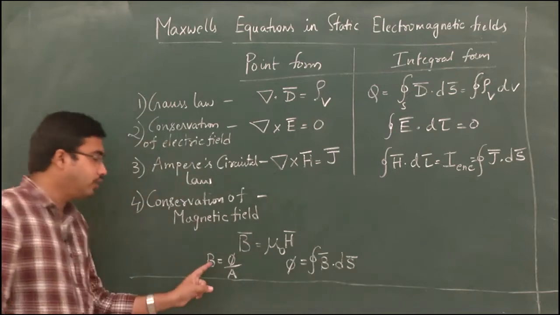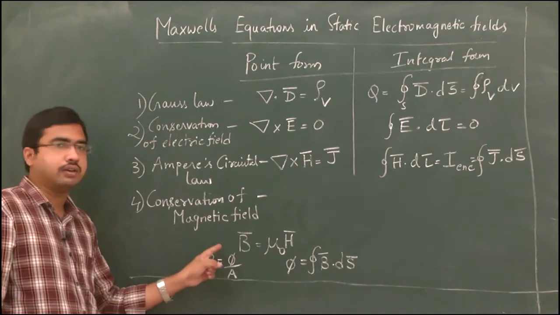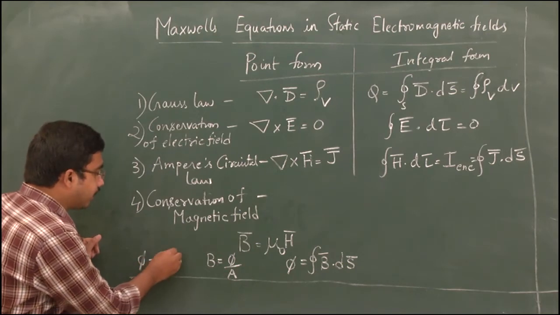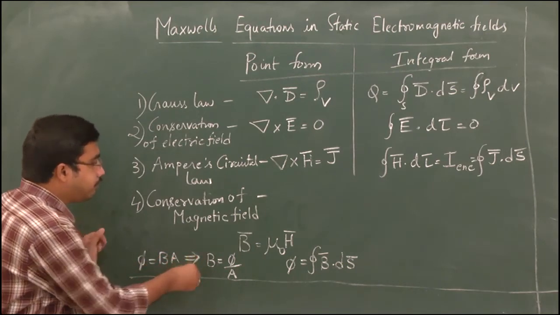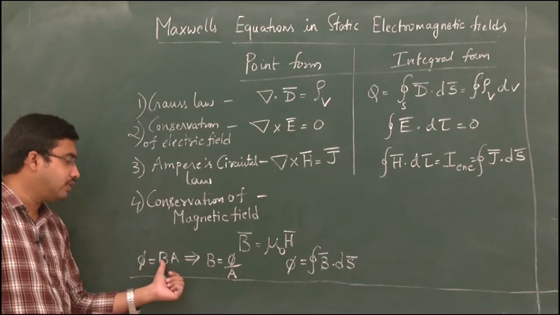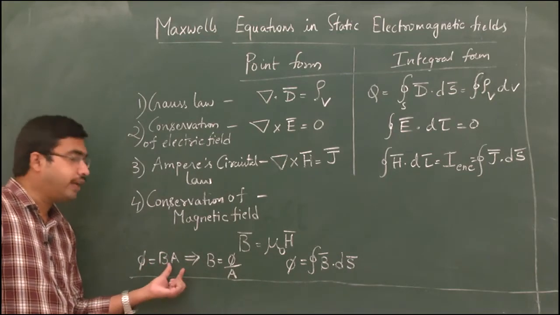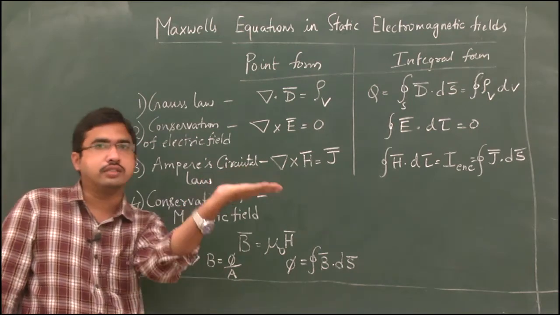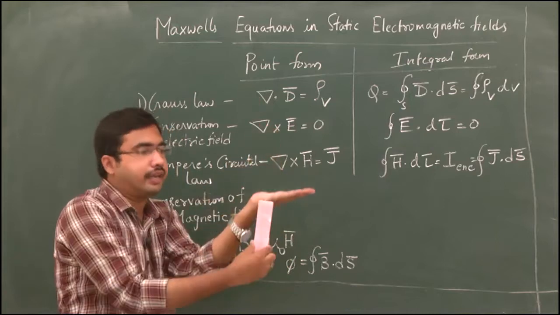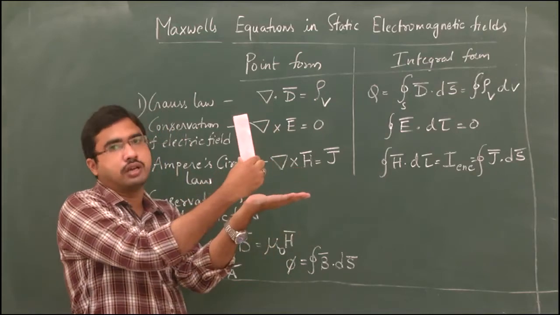When you use the formula phi equal to B into A, which implies B equal to phi by A, phi is flux density into area. This is when the flux lines, that means if your unit surface area is like this, are always at right angles or perpendicular to this surface.